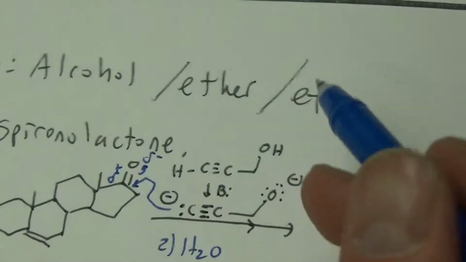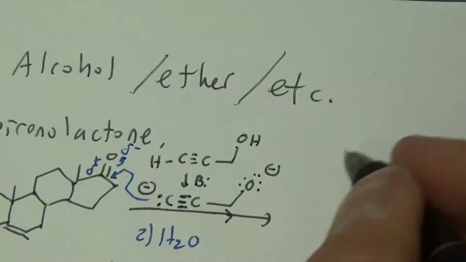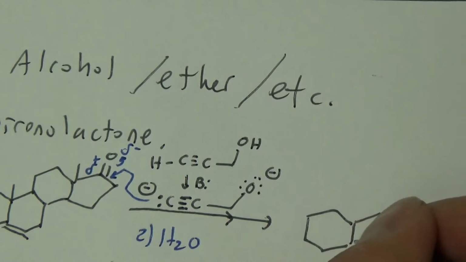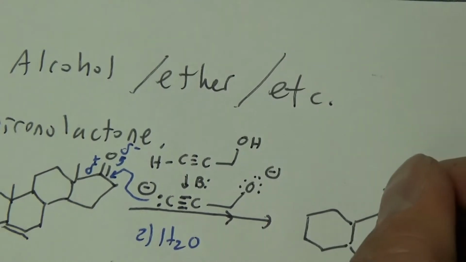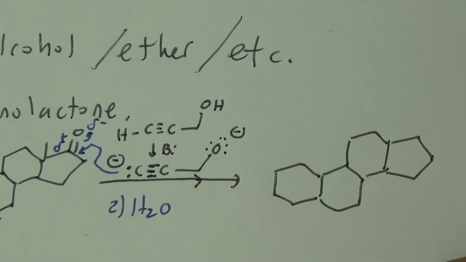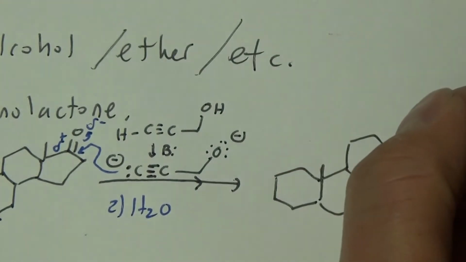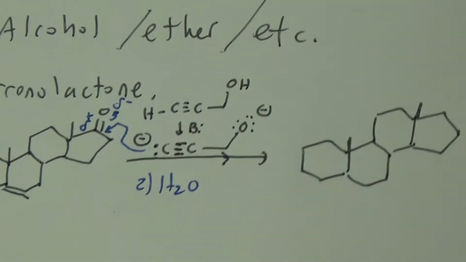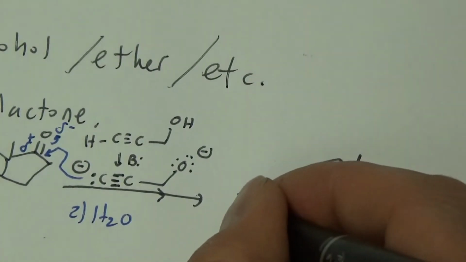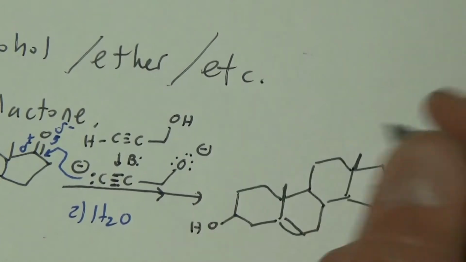And what do we have now? A new steroid. Got our steroid. Let's start with those methyls. Don't forget the methyls. We got our alkene and the hydroxy group over here. Alkene, hydroxy group over there. All right.